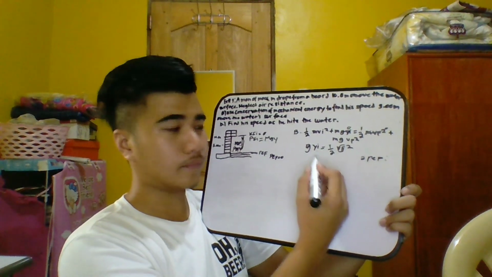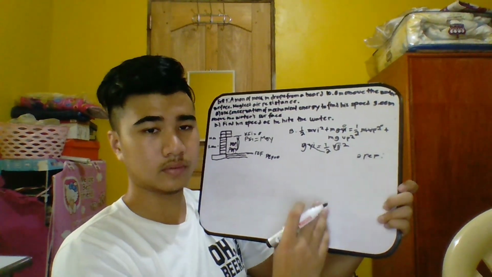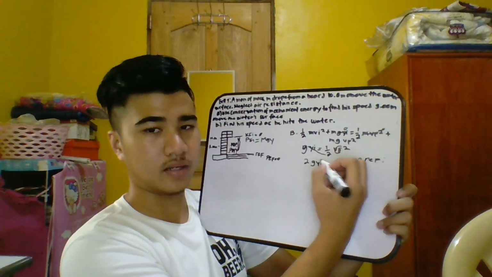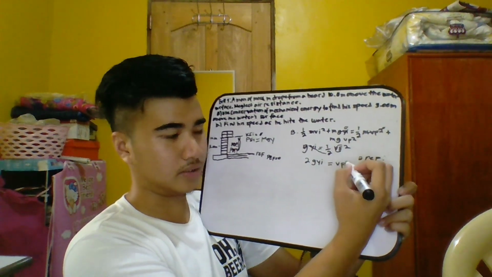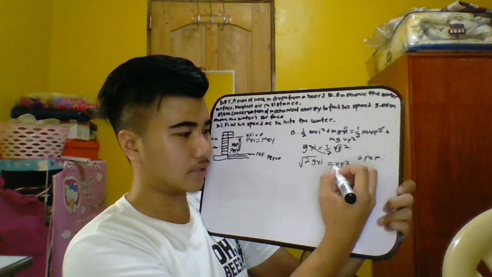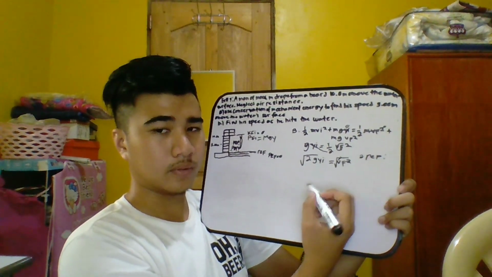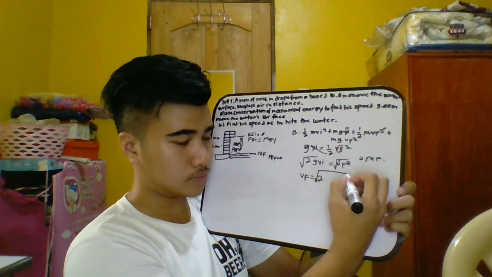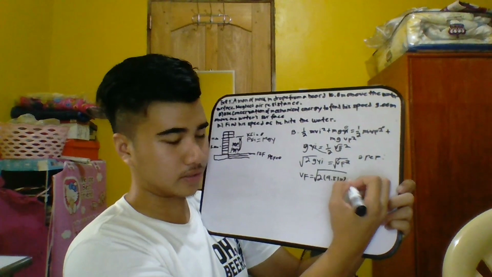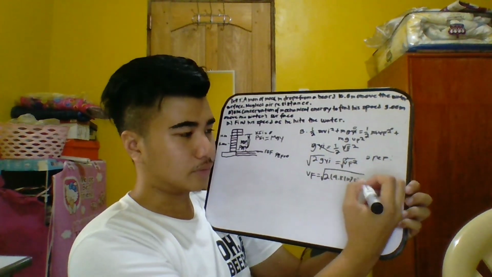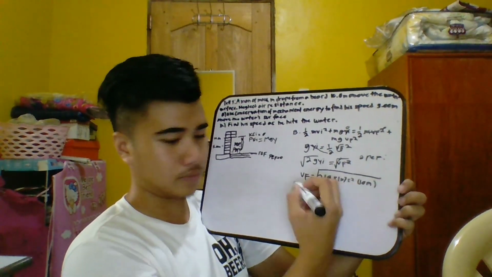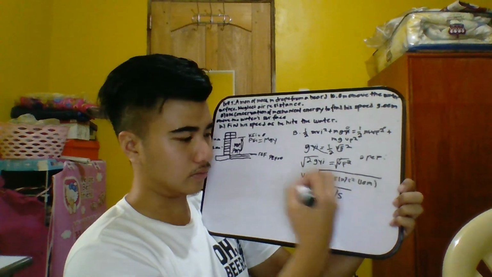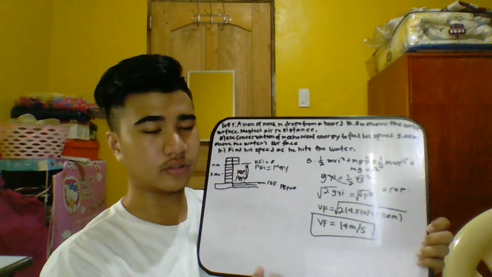Solving for the final velocity, we cross multiply, so 2 times g times y initial equals final velocity squared. Then take the square root of both sides. So our final velocity is equal to the square root of 2 times 9.81 meters per second squared times our initial position of 10 meters. By calculating, our final velocity is 14 meters per second. So this is an example for the conservation of mechanical energy.